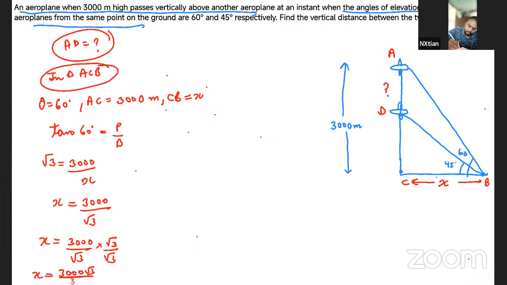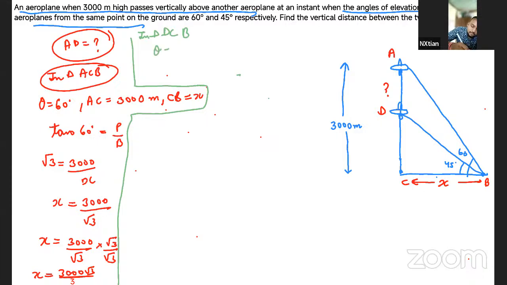Okay, this I got. Now I have to find the distance of DC. So I will take another triangle, triangle DCB.